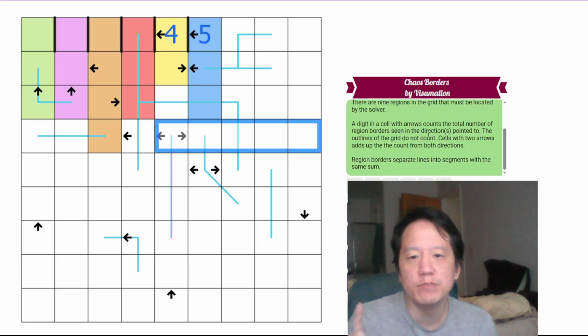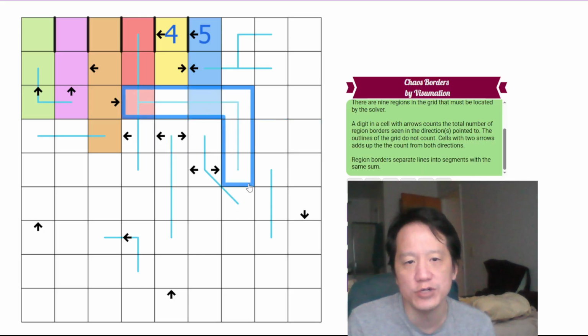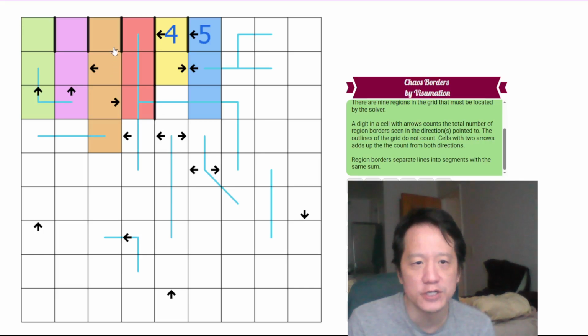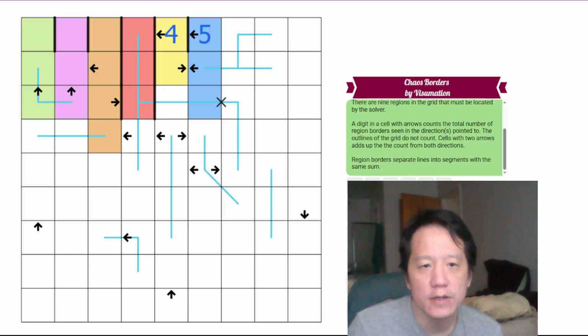And region borders separate lines into segments with the same sum. So these are region sum lines, essentially. So say we had this region here, something along the lines of this. Well, let's just say the regions were something along the lines of this, and this was the same region.